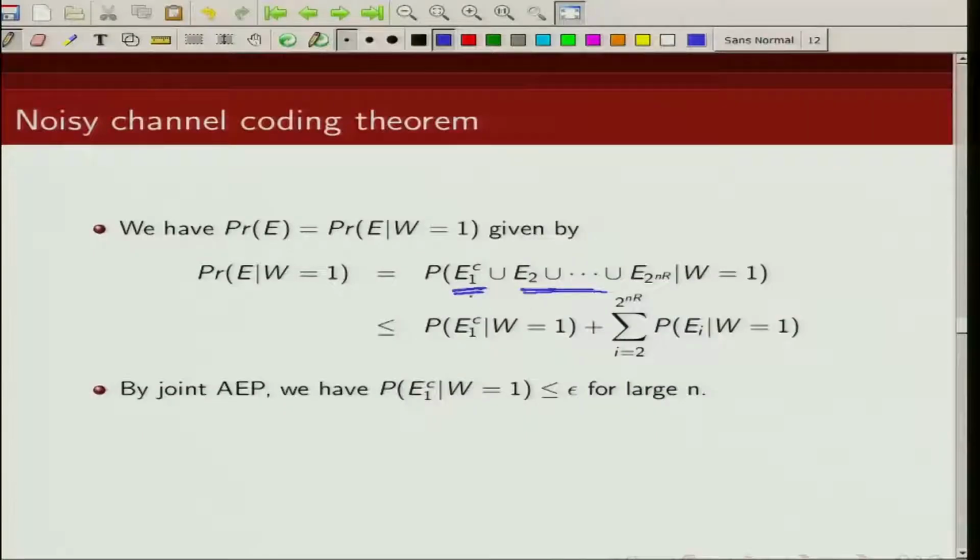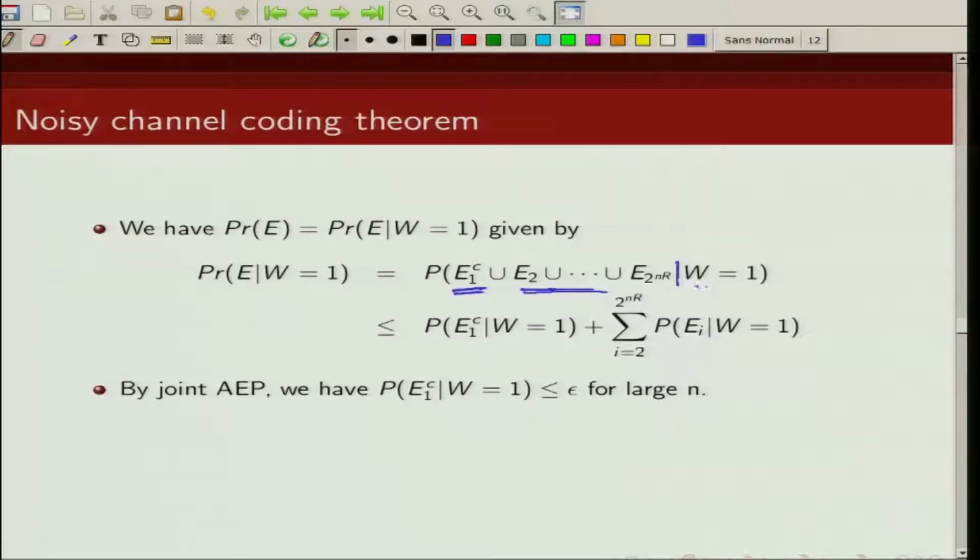So I can write the upper bound probability as the probability of E1 complement union E2 union E3 union up to E_(2^nR), given that the first index was sent.